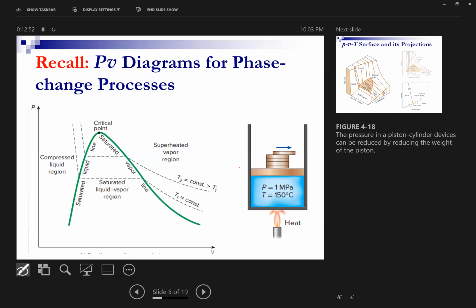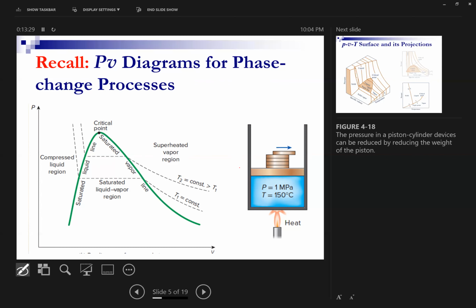Then I can go and connect the breakpoints of the dashed lines, which allows me to find the saturated liquid line and saturated vapor line. And these two lines, we know that reach to each other at the apex, which is our critical point. Pretty much similar to the previous graph that we had. In this graph also, the left-hand side of the graph is all the states when our material is compressed liquid or subcooled liquid.